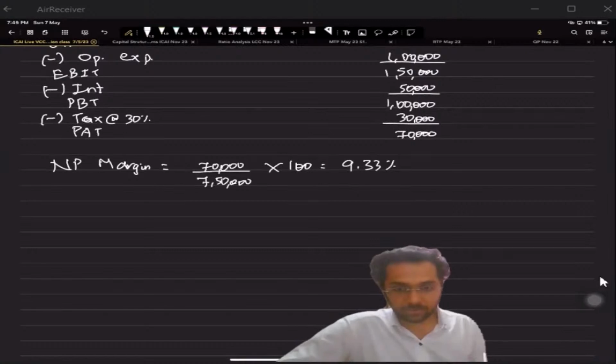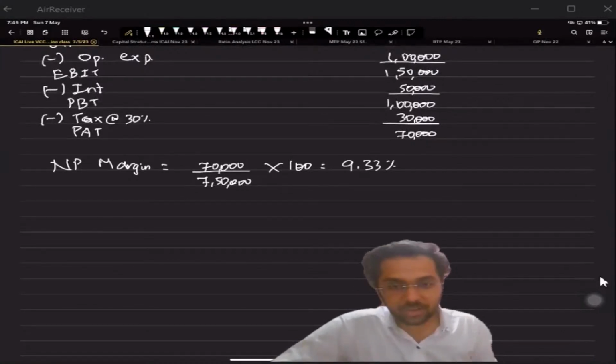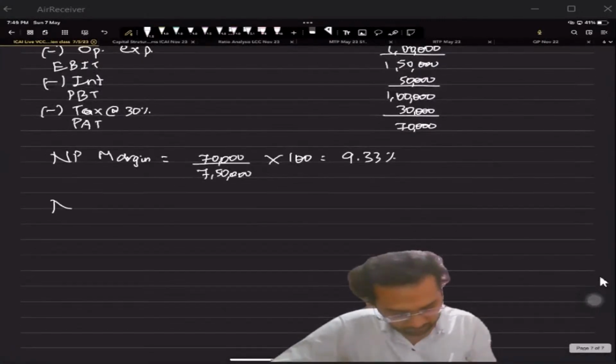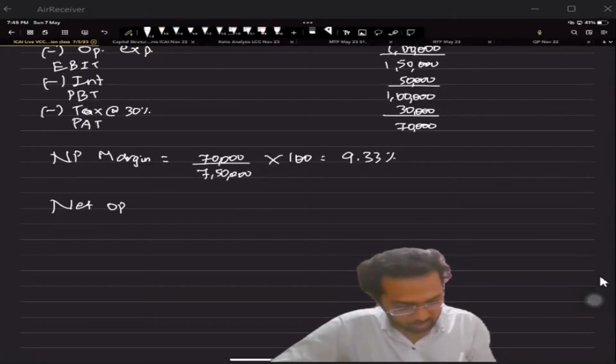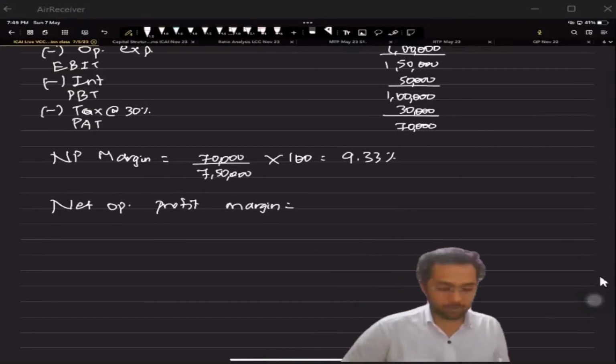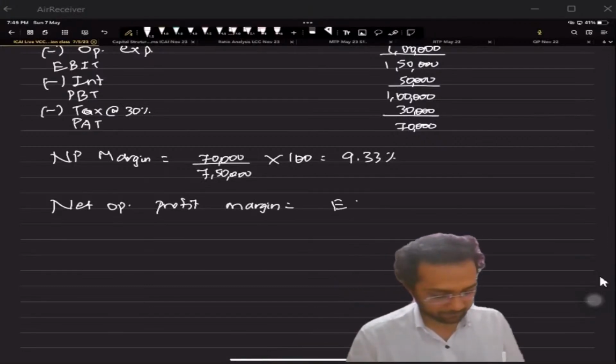Then we have the net operating profit margin. Operating profit is basically your EBIT.